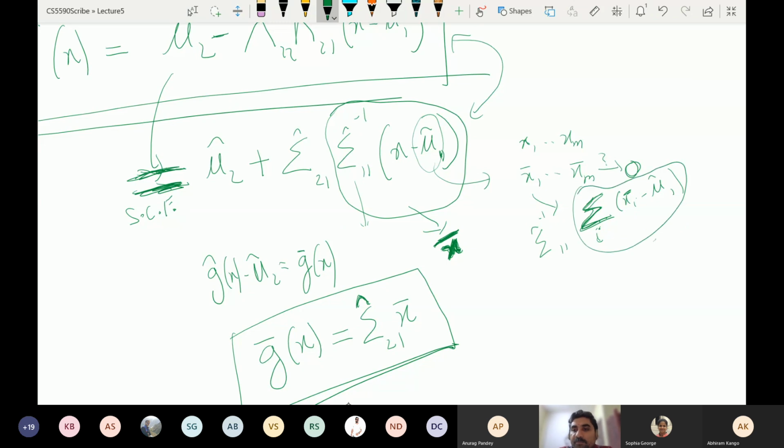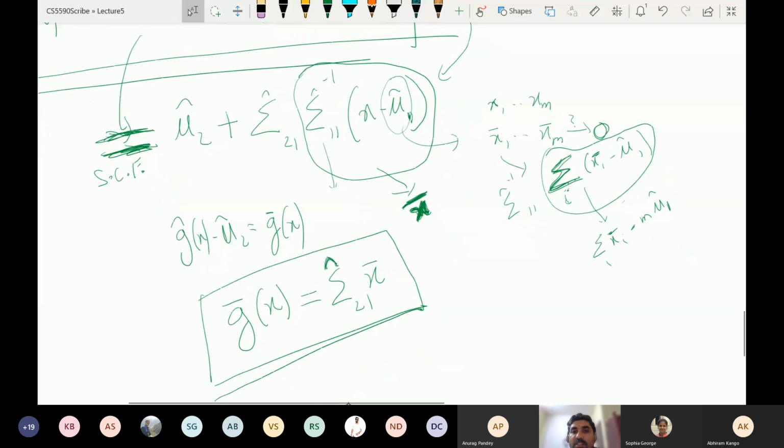Simply this will be sigma i of x minus mu hat. So this is sigma xi bar minus m times mu1 hat. But what is sigma xi bar?